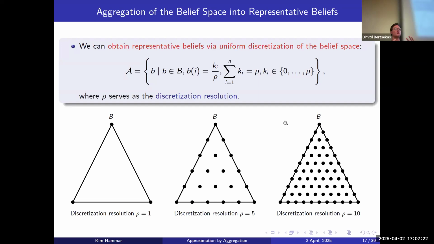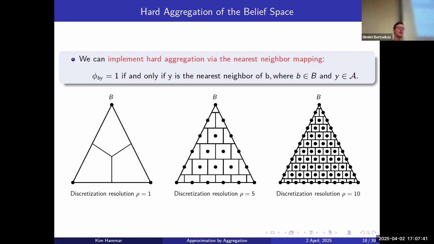Once we have discretized the belief space in this way and defined a finite set A of representative beliefs, we can relate those representative beliefs to the original beliefs in the original space by introducing hard aggregation based on the nearest neighbor mapping.